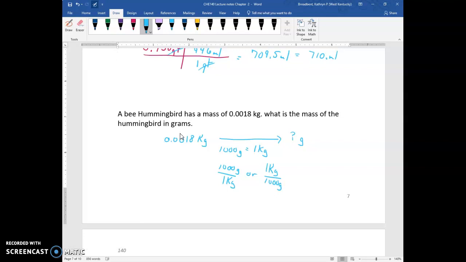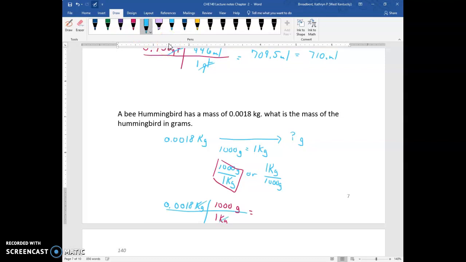So when we write our problem out, we'll write 0.0018 kilograms. We make sure that we start with the number from the problem, not one of the conversions. We want to get rid of kilograms, so we're going to pick one of these guys. We're going to pick this one because that gets rid of our kilograms. 1 kilogram goes in the bottom, 1,000 grams goes in the top, and when we do the math, kilograms is going to cancel, leaving us with grams.